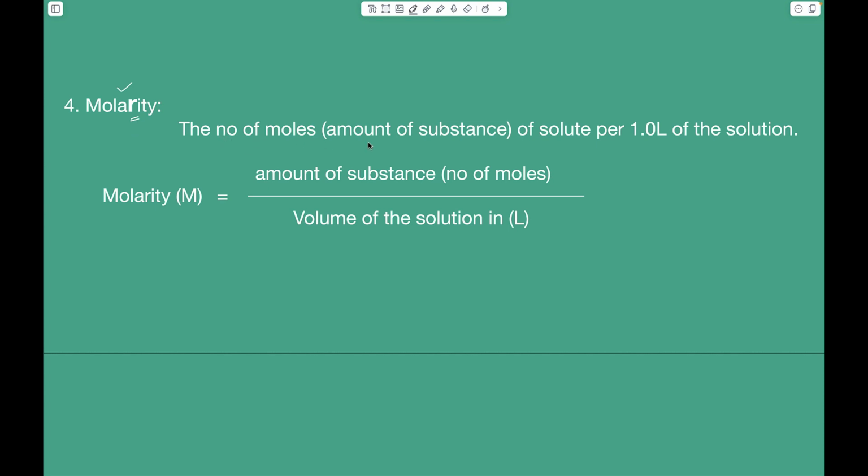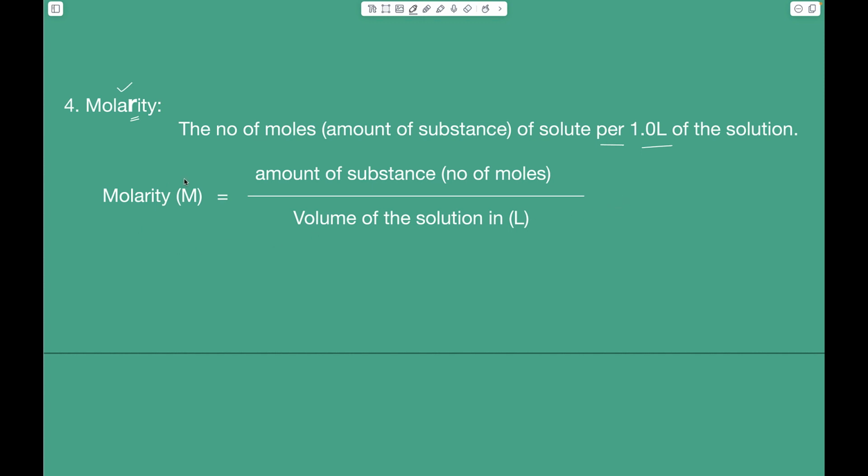And by definition, it is the amount of substance of solute, or the number of moles of solute, per 1 liter of the solution. So molarity tells the number of moles of solute present in 1 liter of the solution.